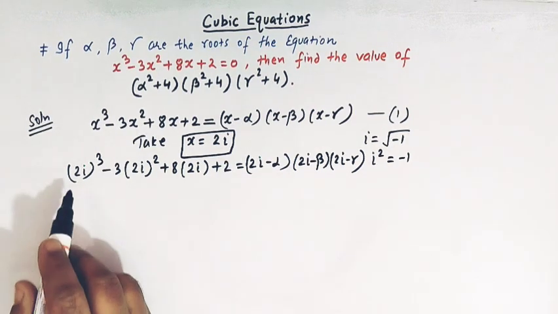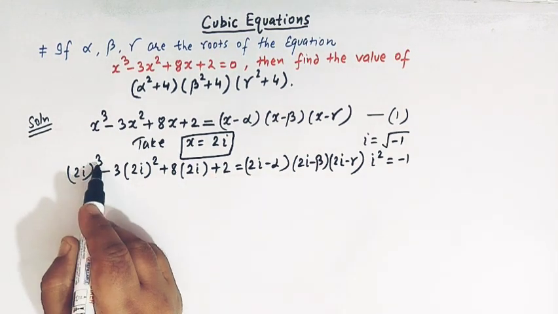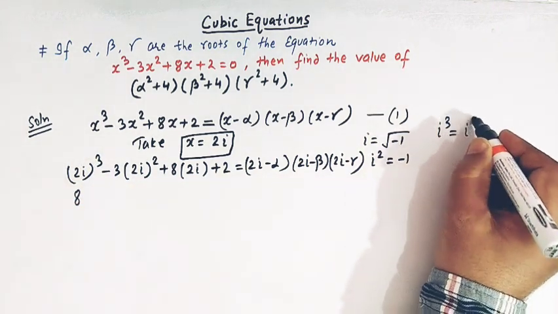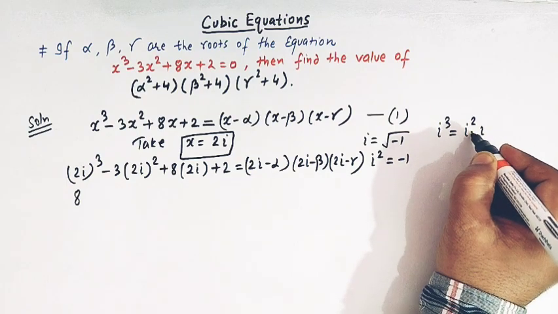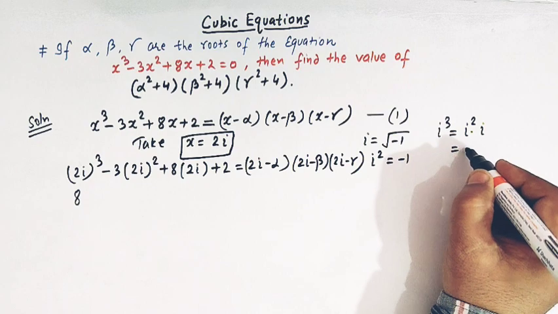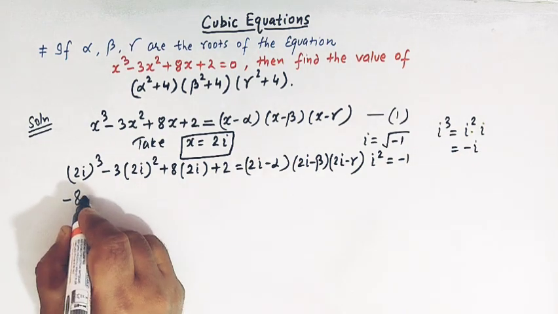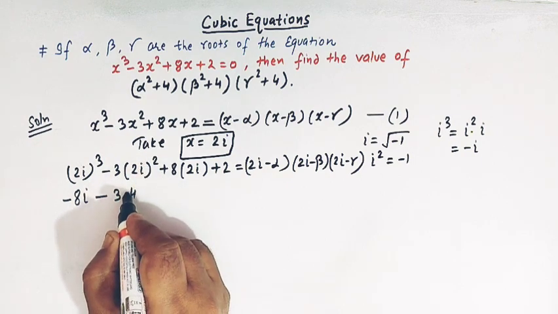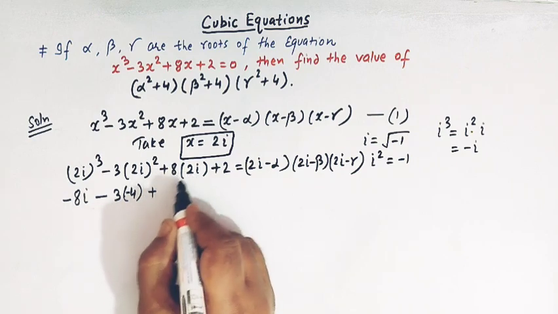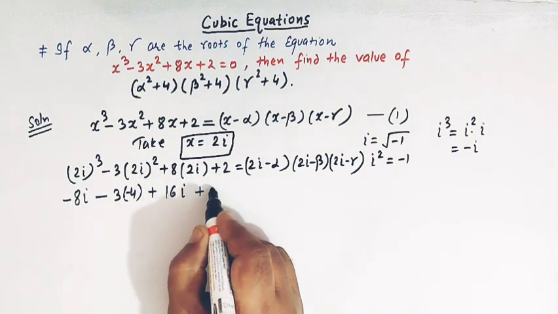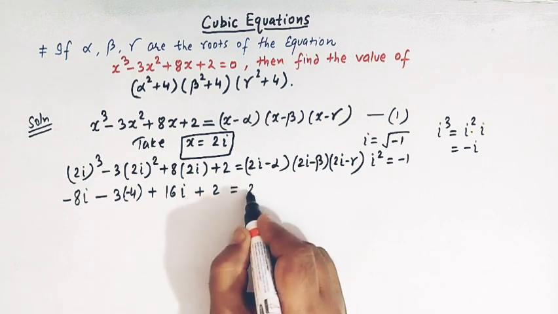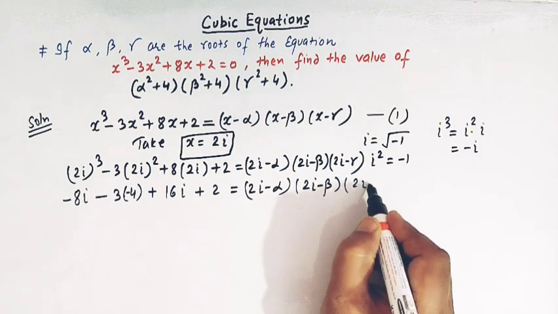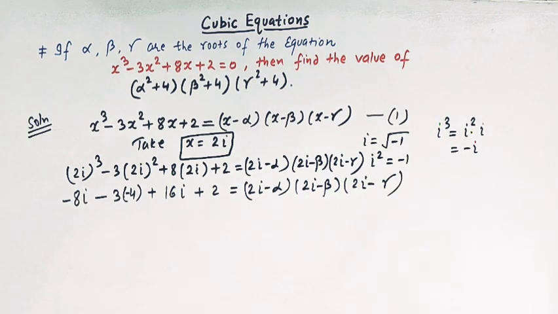Now let us simplify this expression. 2 cube is 8, and here we have i cube. i cube is i square times i, and i square is minus 1, so we have minus i. So here we have minus 8i, and here we have 3 times 4i square, so this is negative 4. And here we have 16i, and plus 2, equal to (2i minus alpha)(2i minus beta)(2i minus gamma).